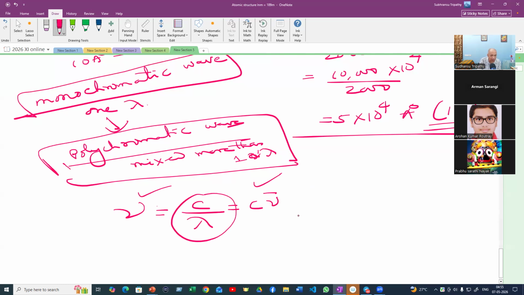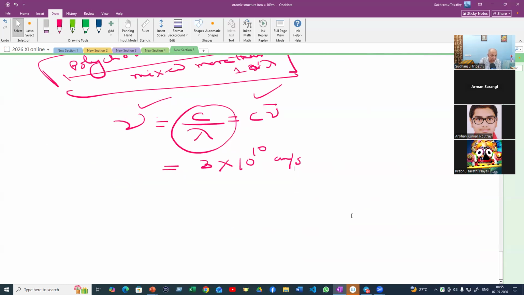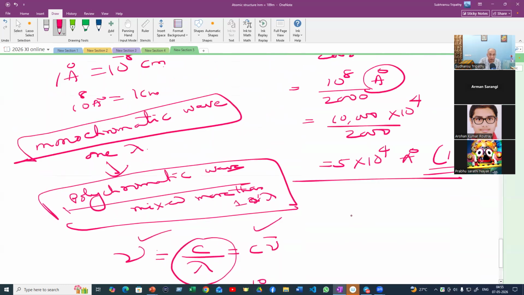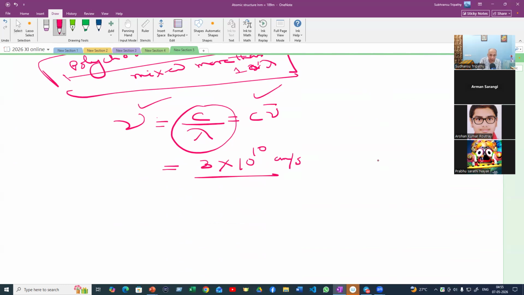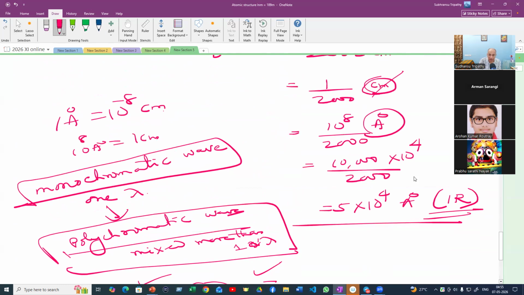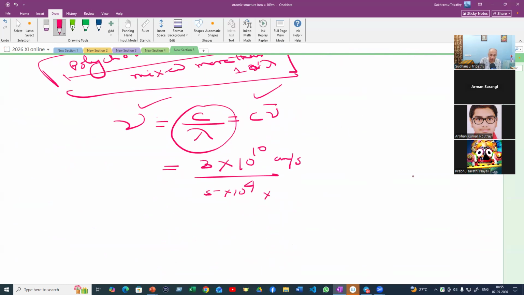Once you have lambda, c is 3 times 10 to the power 10 centimeter per second. I am not using meter per second. You can use it; we will do some other problem in pure SI units. And lambda we have already found to be 5 into 10 to the power 4 angstrom. We multiply by 10 to the power minus 8 centimeters, so that centimeter will cancel.